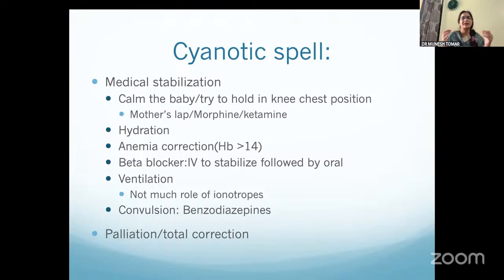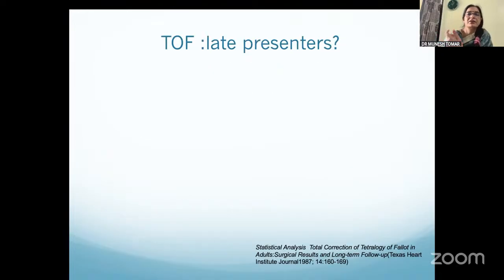As pediatricians we should understand that tachycardia will deteriorate cardiac patients, whether it is CHF or cyanotic issues. Tachycardia should be avoided in cardiac patients, so lots of inotropes should not be used. If there are convulsions because of severe hypoxia, you can use a benzodiazepine, and then the palliative or total correction as we all discussed.